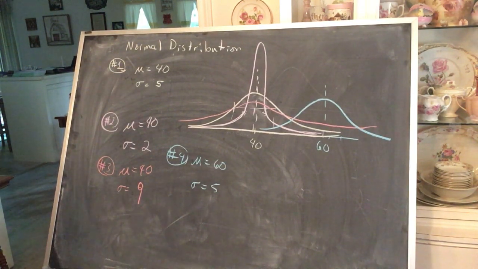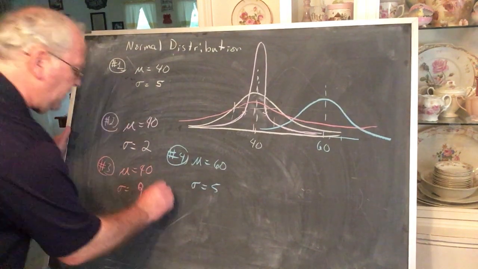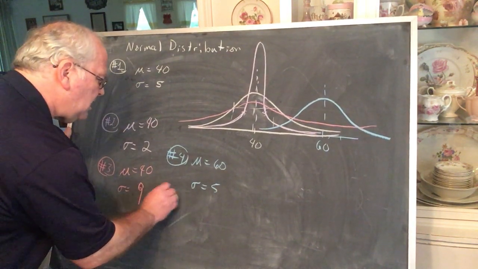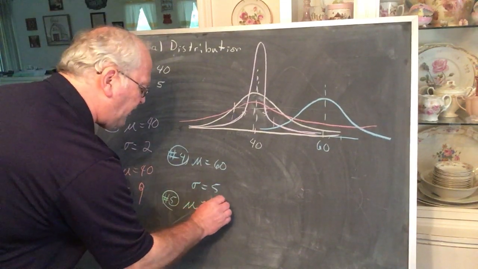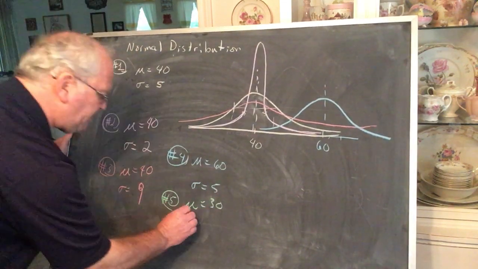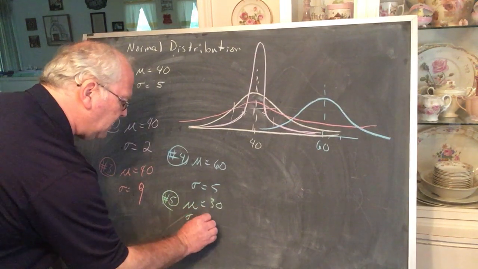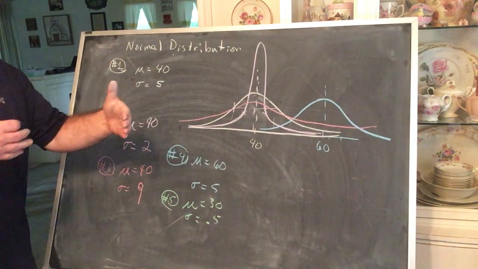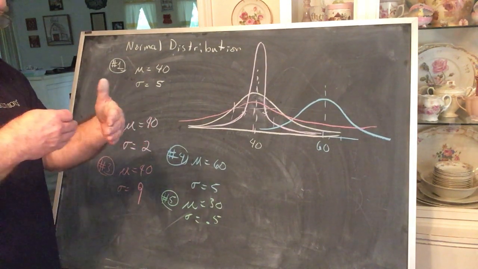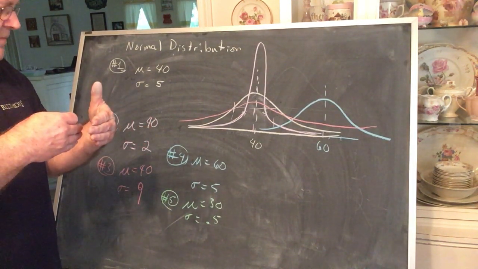What then do you suppose green curve number 5? Suppose we have mu equal to, in this case, let's say 30. And let's suppose the standard deviation is 0.5. It's even smaller than 2. It's a very, very small standard deviation, which means it's very, very tightly clustered.